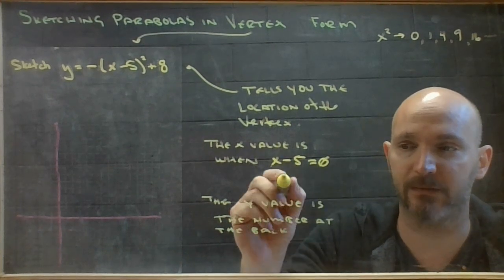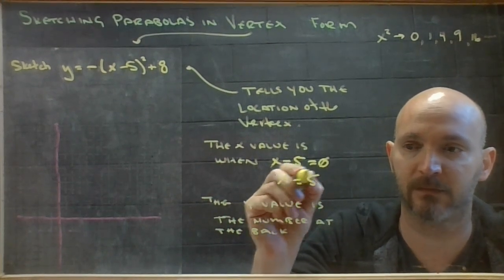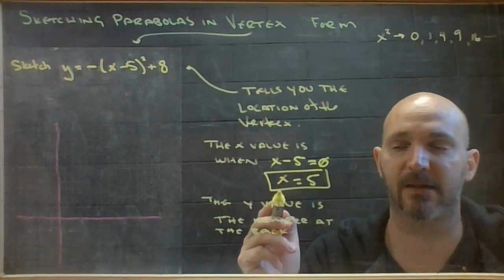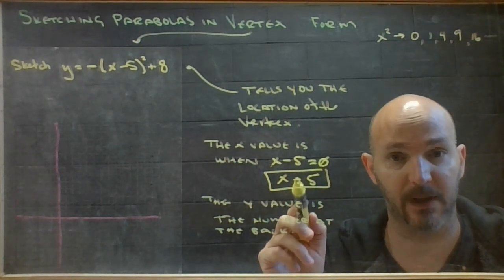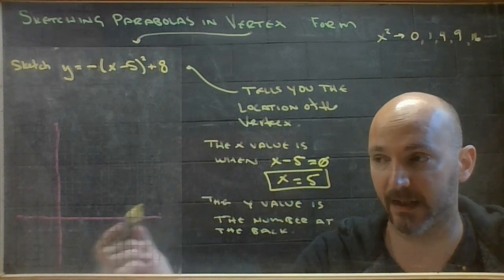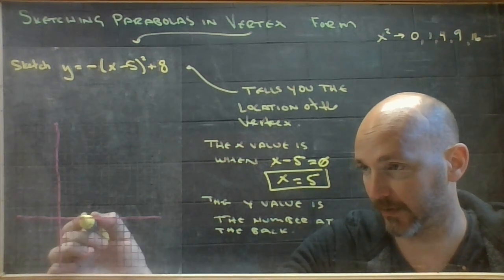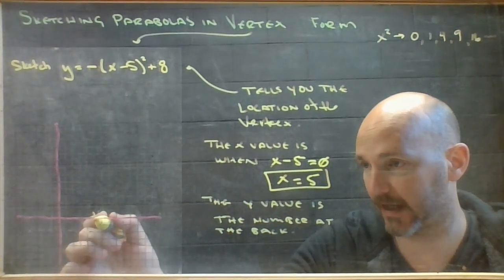The location of my vertex in the x direction is when x equals 5. So find that on your grid. 1, 2, 3, 4, 5, and dash in a line.